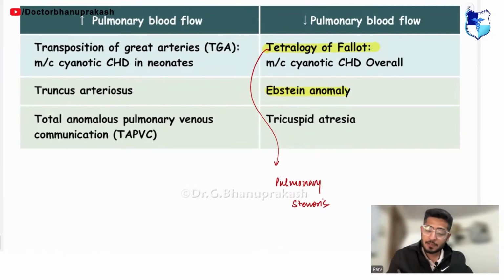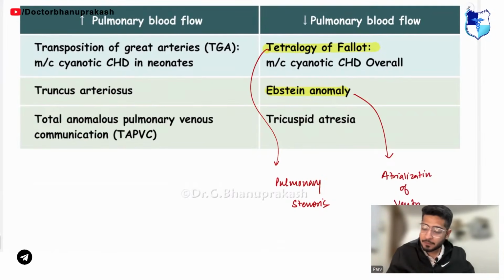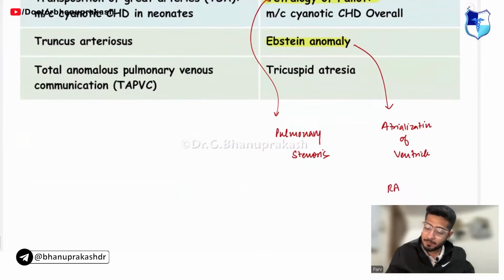What is Epstein's anomaly? Epstein's anomaly is atrialization of the ventricle. What happens in it? The right atrium becomes bigger, the right ventricle becomes smaller, so less amount is going to go to the lungs. And what about tricuspid atresia?